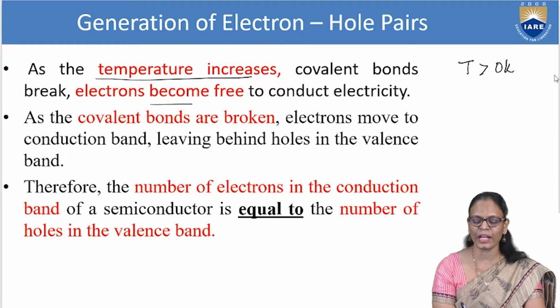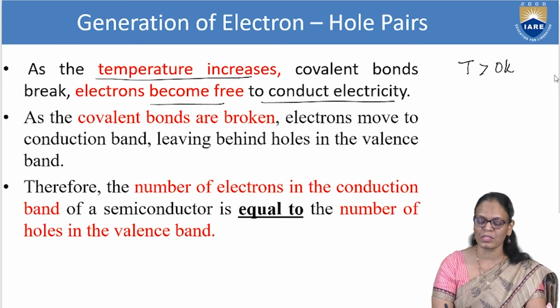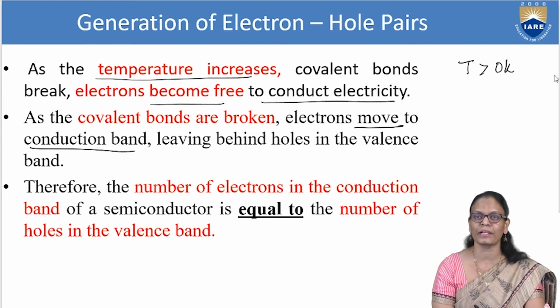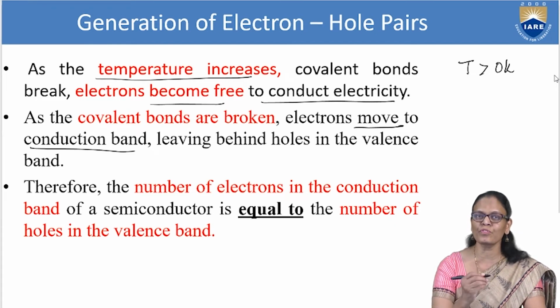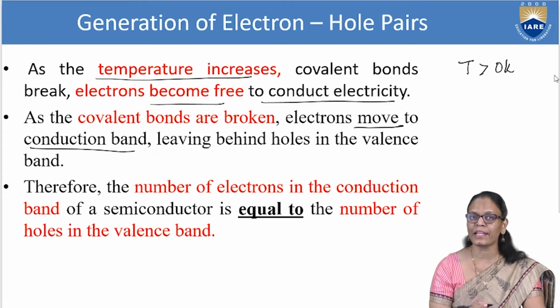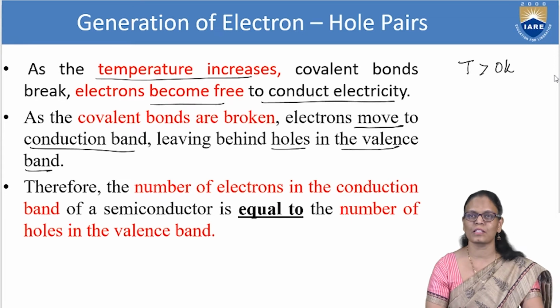So these free electrons start conducting, they become conducting electrons. When they become conducting electrons, they move to the conduction band. When electrons from the valence band move to the conduction band, they leave behind holes in the valence band. So correspondingly, we have holes in the valence band.